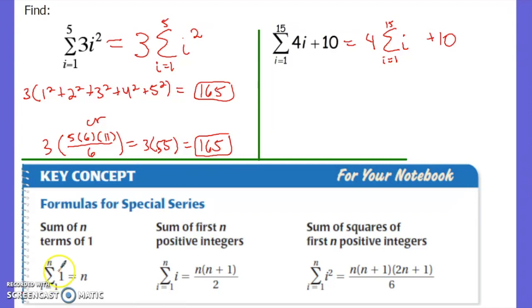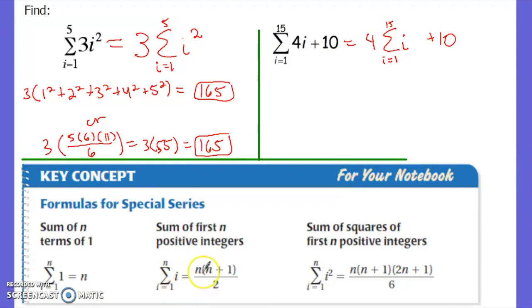Now, at the bottom you'll notice there are 3 different shortcuts that we can take advantage of. The first one we've already really looked at: if you have a constant term inside of your summation, such as a 1, and I have n terms, that means I'm just adding 1 to itself n times. So really, n times 1 will be n. If I have i to the first power, there's another nice shortcut.